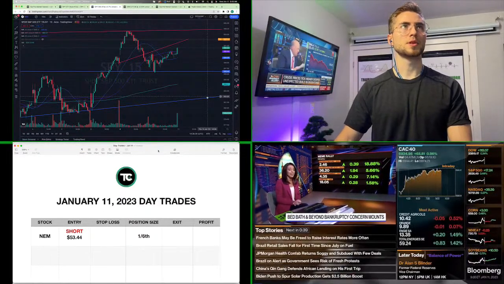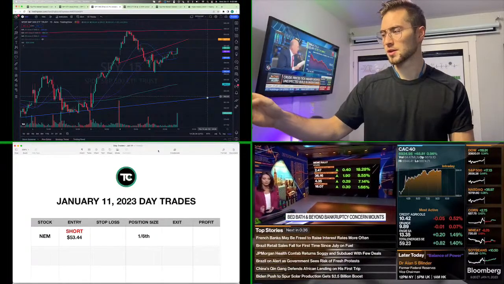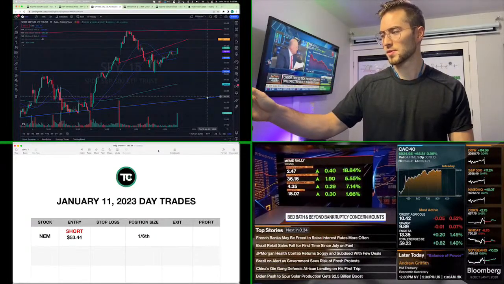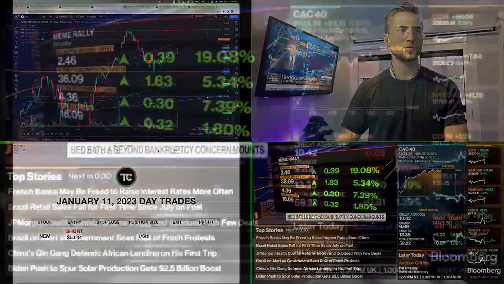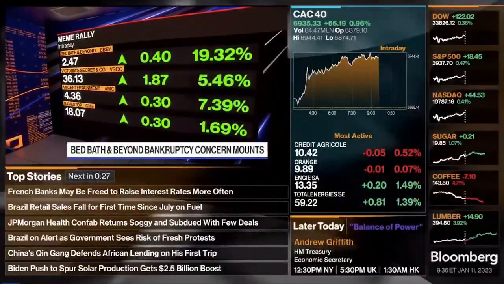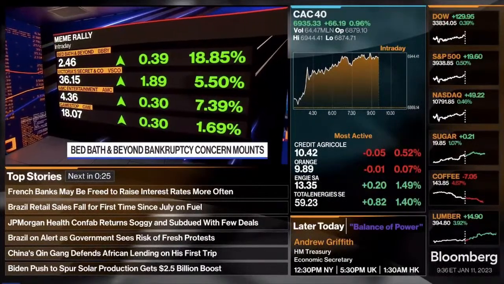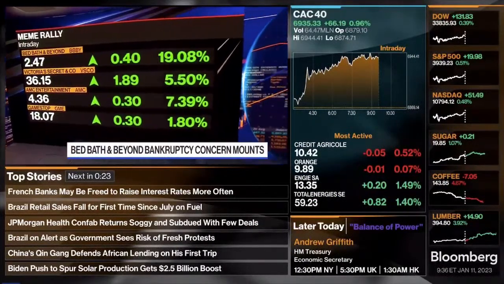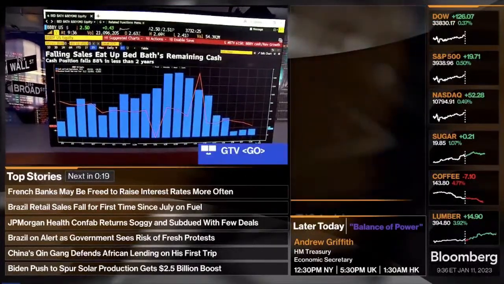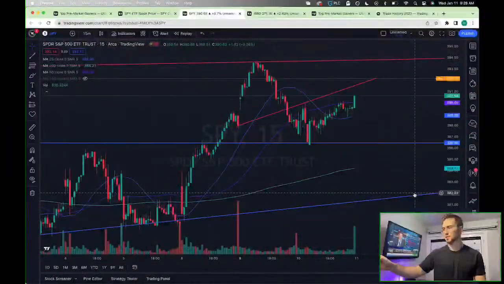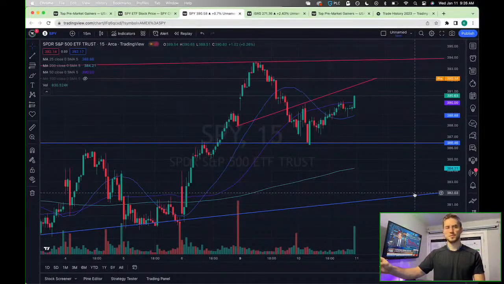The dollar's popping, Newmont's popping. We're going to short pins at this 26.35 level, 26.35 short pins.